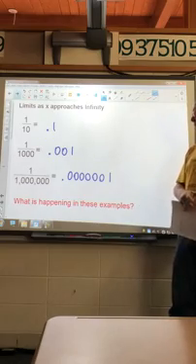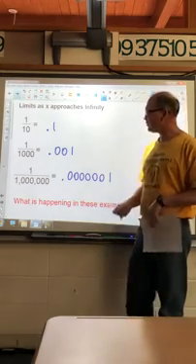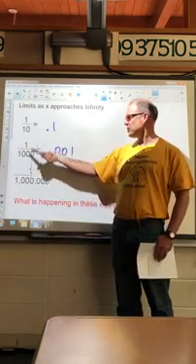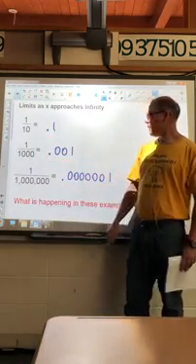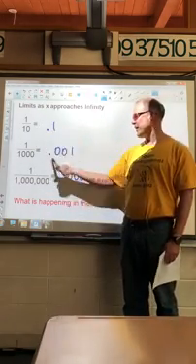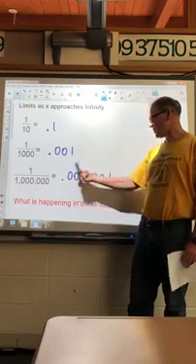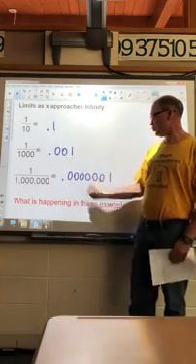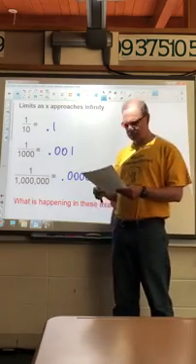So what is happening in these examples? The denominator is getting larger, right? And when the denominator gets larger, the value of the fraction gets smaller. And it gets closer to 0, right?